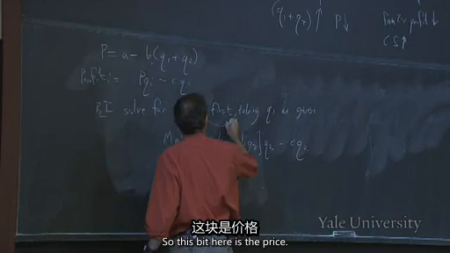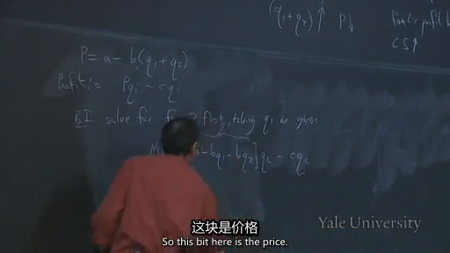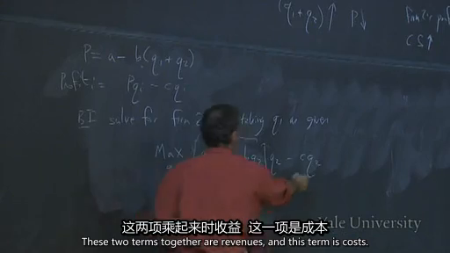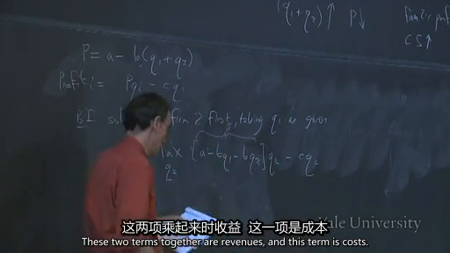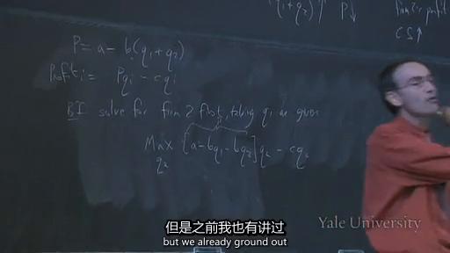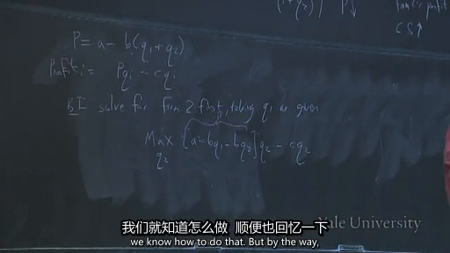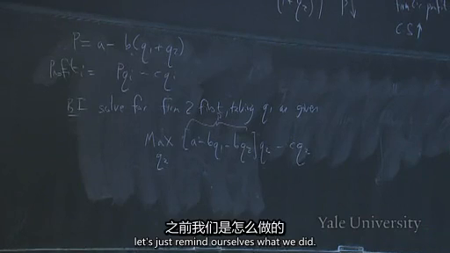These two terms together are revenues, and this term is costs. Now I could grind that bit out, but we already ground that out three or four weeks ago, so I'm not going to grind it out again. We know how to do that. But let's just remind ourselves what we did.